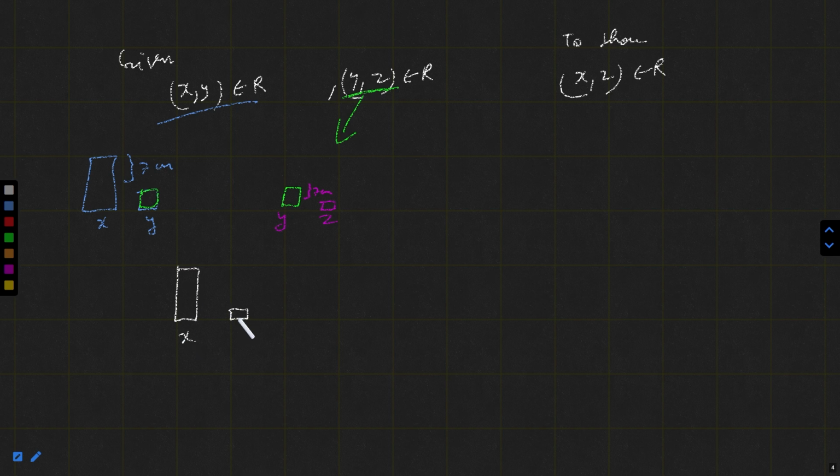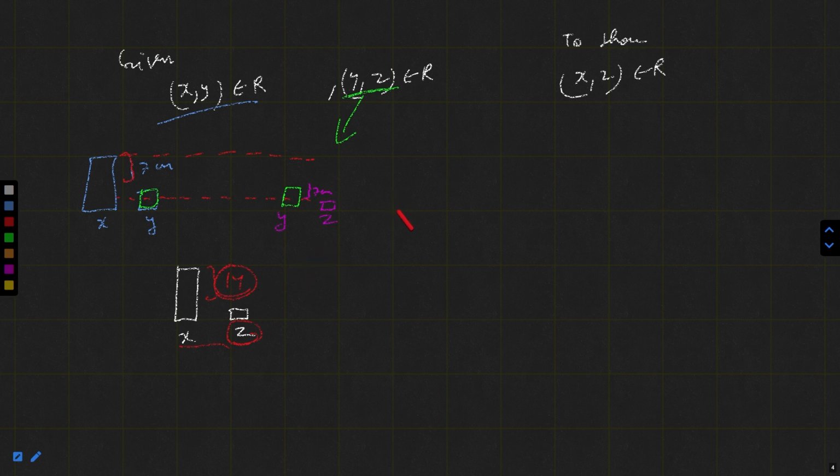If you compare x and z, how much taller is x going to be? As you can easily compare, it is 14. So x is taller than z by exactly 14 centimeters.